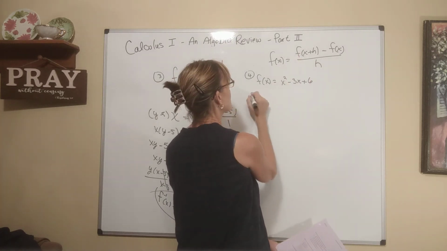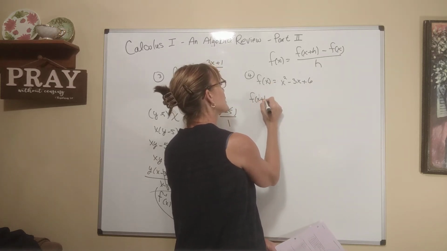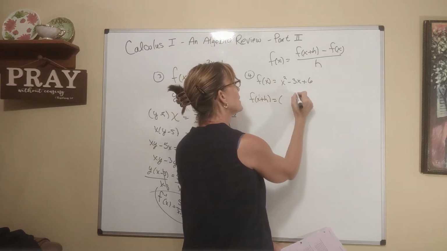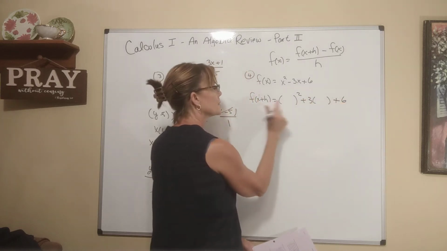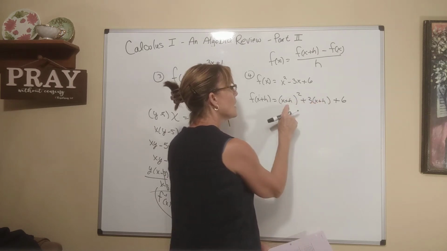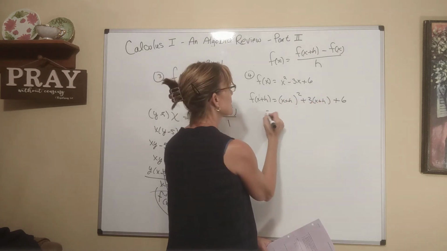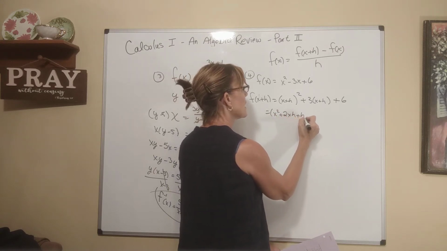First, let's figure out what f of x plus h is. So right here, when you're figuring out what f of x plus h is, all you do is you go in and you replace every x with x plus h. We should square this, so this is going to be x squared plus 2xh plus h squared.